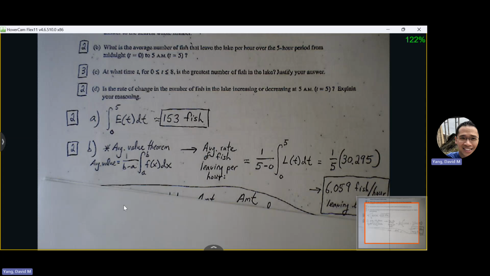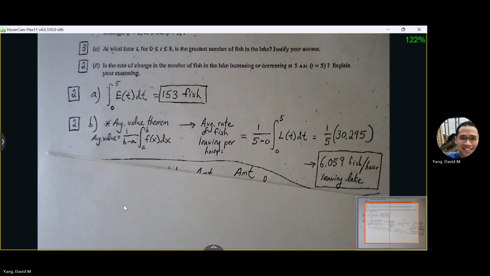And typically, the first part is less points, and then the part C and D are usually worth more, but it doesn't have to follow that pattern. Okay, so I think parts A and B are pretty straightforward. There's just kind of one-step process to get to our answer. Any questions with A or B?